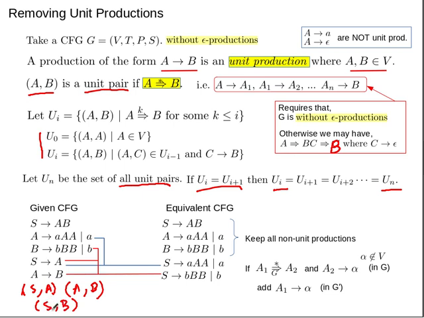So S can be changed into B, because S goes to A, goes to B, and then B can be either of these two things. So instead of this three-step process, that S goes to A goes to B, and then B goes to these two things, we do not want to use this production, and this production would be required in a derivation like this.